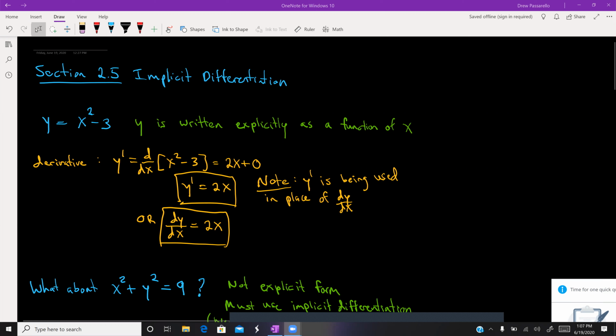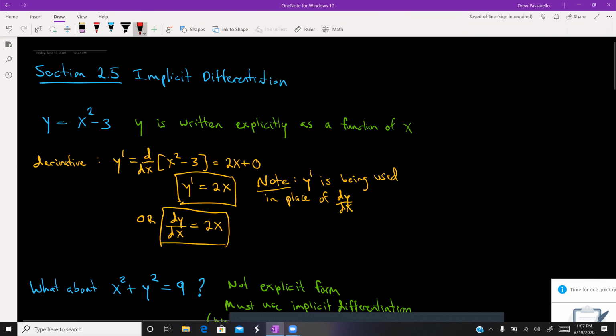So we've dealt with a function like this, where y equals x squared minus 3. Y is written explicitly as a function of x. Sometimes instead of y, we could write it as f of x equals x squared minus 3.